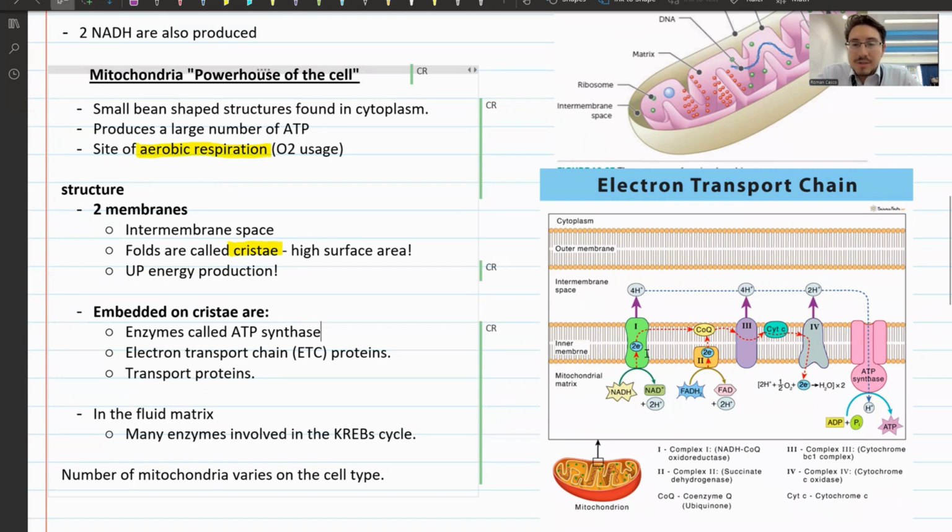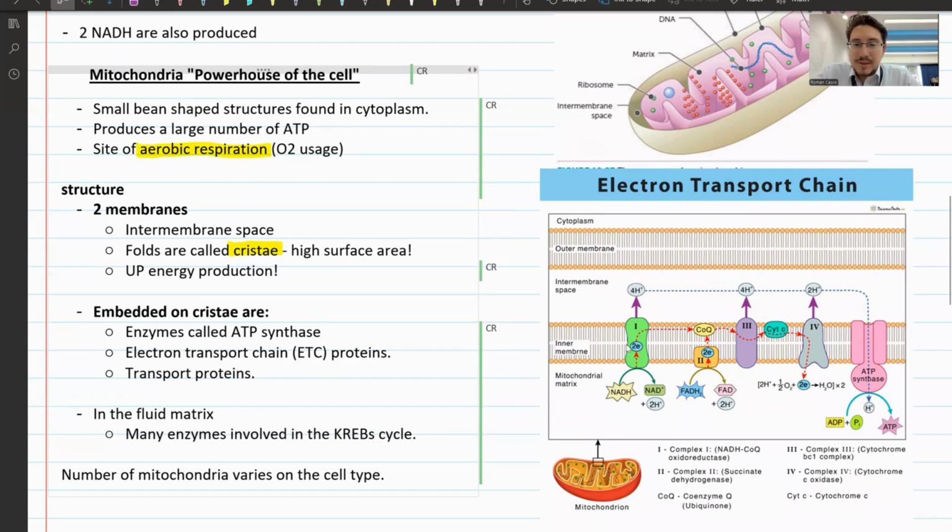All these other proteins that you see here are a group, a big complex. The whole process in which NADH comes in and provides electrons to be transferred from one protein to another and another is referred to as the electron transport chain.